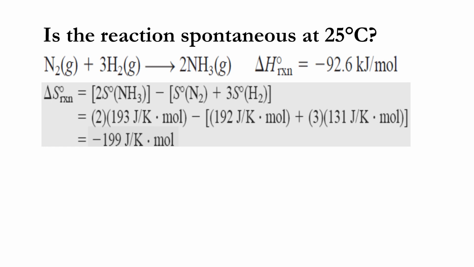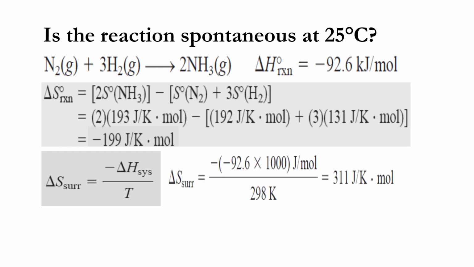Using the equation that we have obtained in the previous slide, the change in entropy of the surroundings is equal to negative change in enthalpy of the system divided by the temperature of the system. Substituting the values, the enthalpy of the reaction is negative 92.6 kilojoule, times negative.